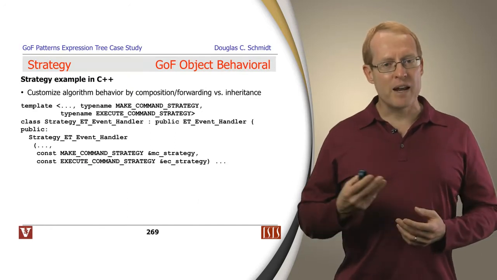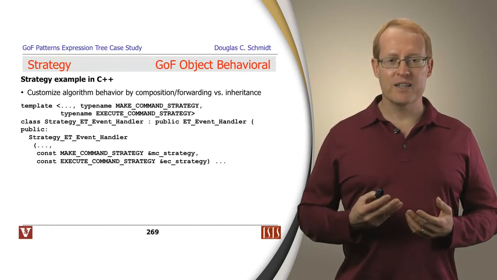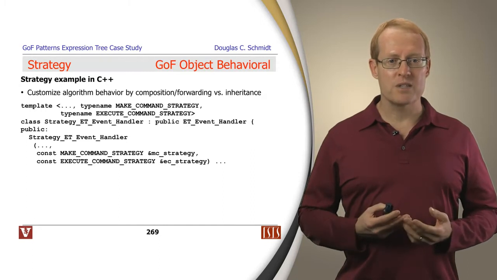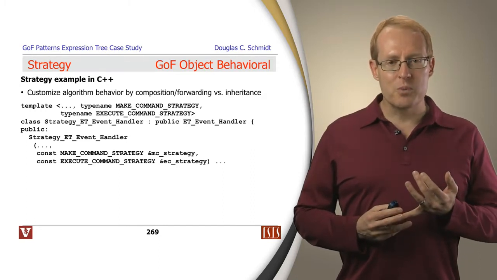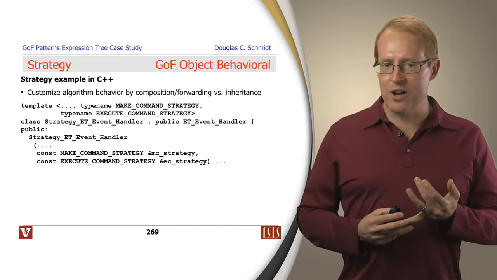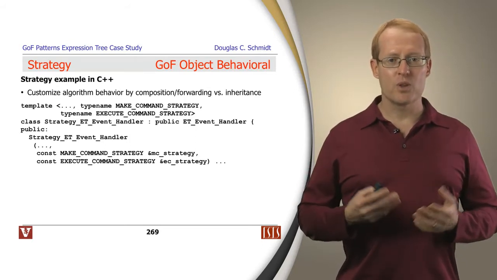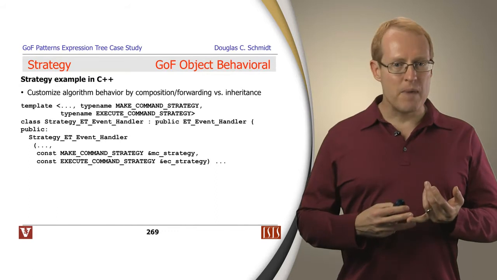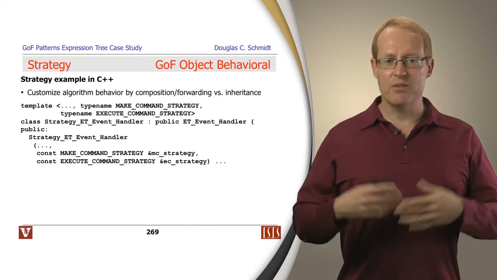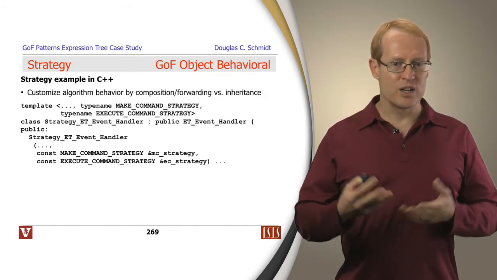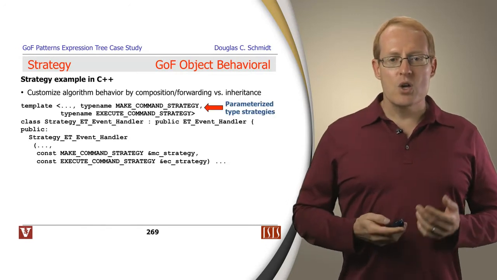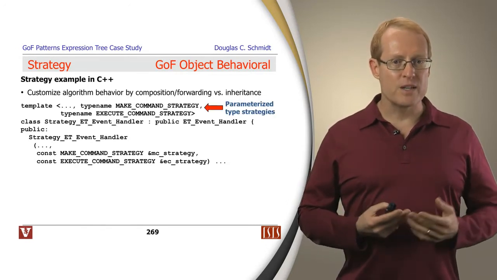So let's take a look at how we might actually use this particular variant to implement our expression tree processing app. What we would do is define the strategy ET event handler as a parameterized type, and give it a bunch of different kinds of parameters. The ones I'm going to focus on here are just the make command strategy one, and I threw in execute command strategy just to illustrate how that would work as well. So we define those as part of the parameterized type.